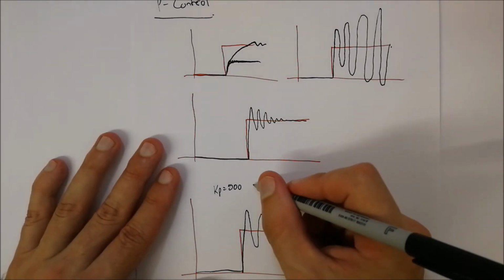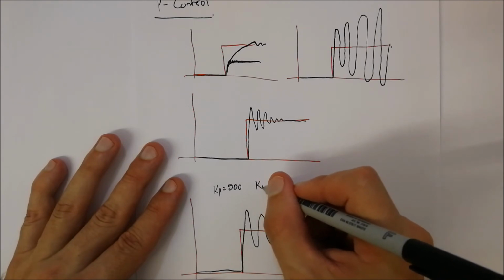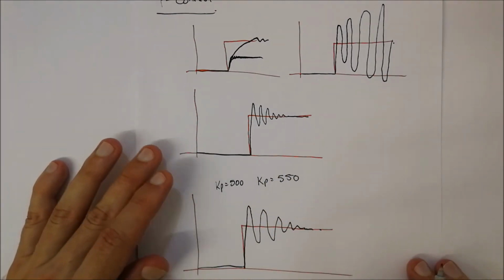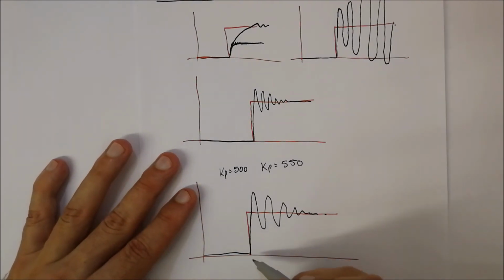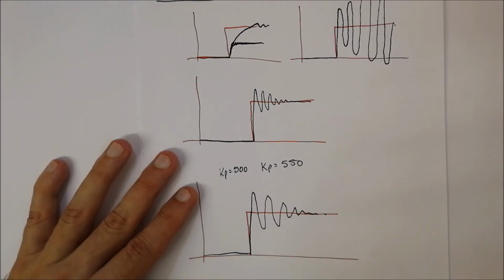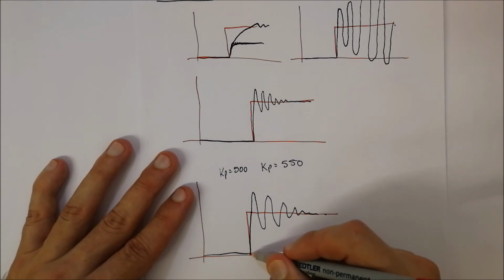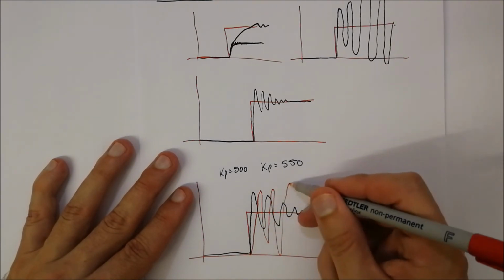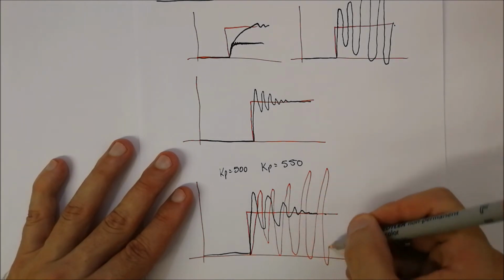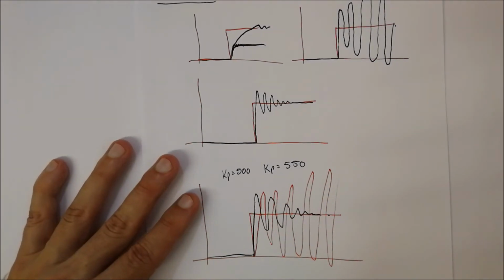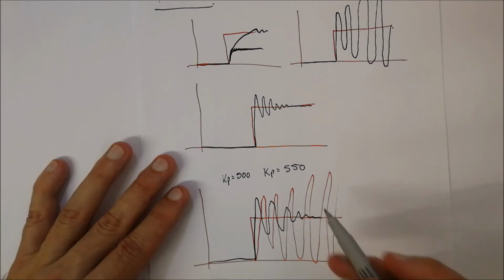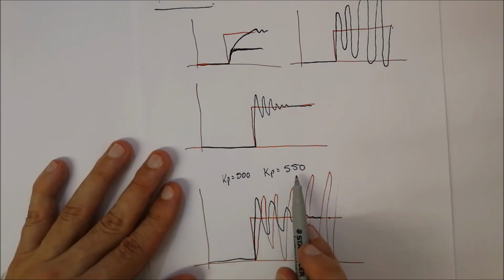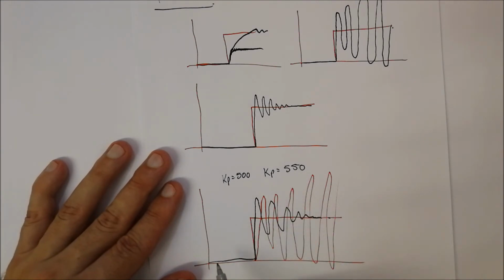Then you say, okay, what about KP equals 550? You do the experiment again, and you'll realize that it starts going up, then starts oscillating and going out of control, and this wave gets bigger and bigger. So you'll say, okay, in that case I'm going to take just 500. That's just below the point where it goes out of control and starts oscillating.